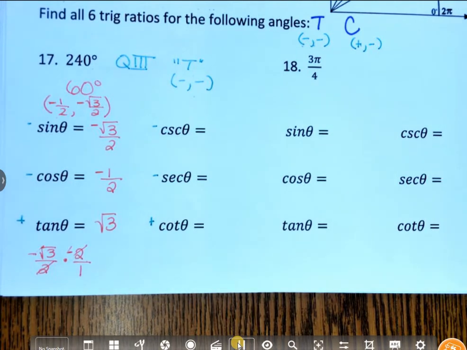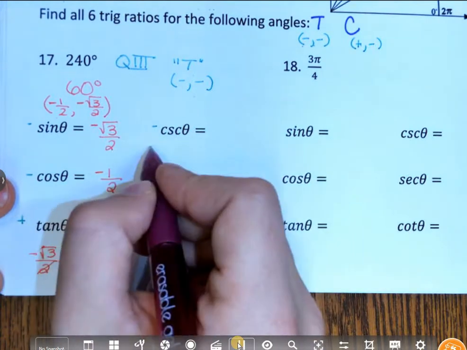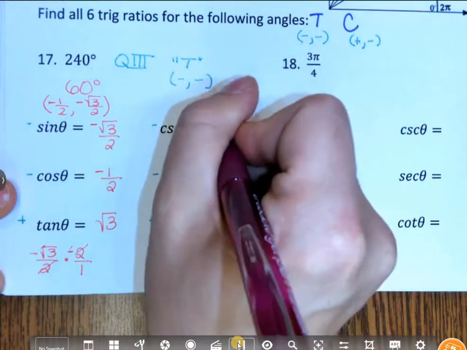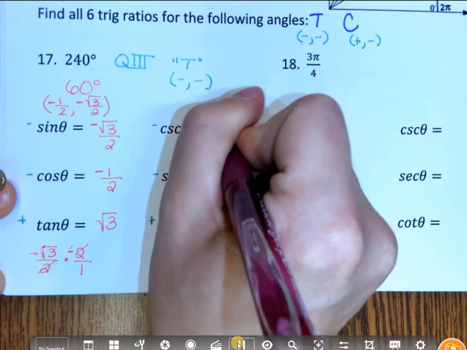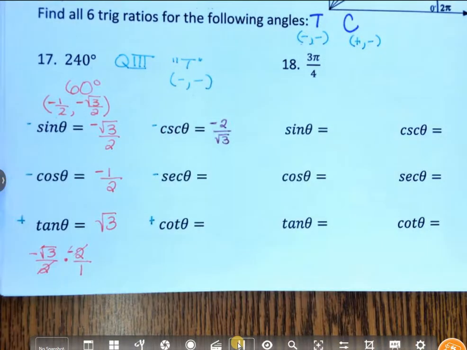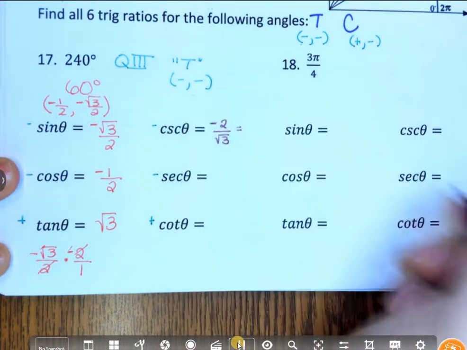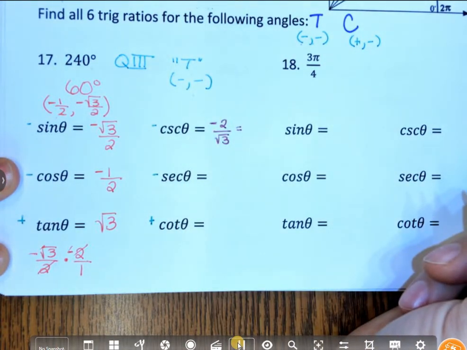So then when we do the cosecant, it's also going to be negative. It's going to be the reciprocal. Hopefully you guys are getting to the point where you can quickly look at that and tell me what that would be rationalized. What would that be?